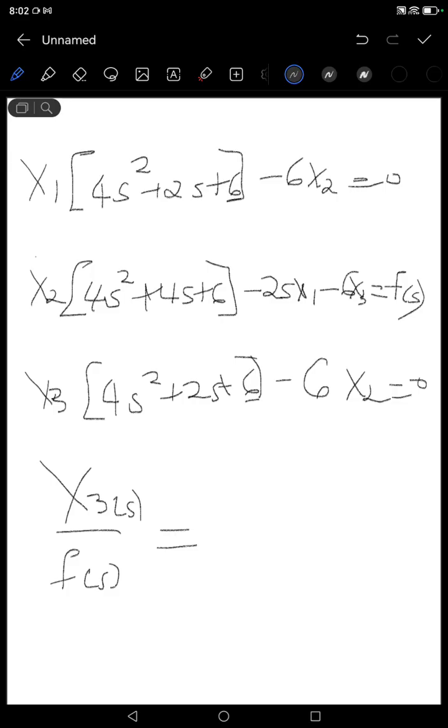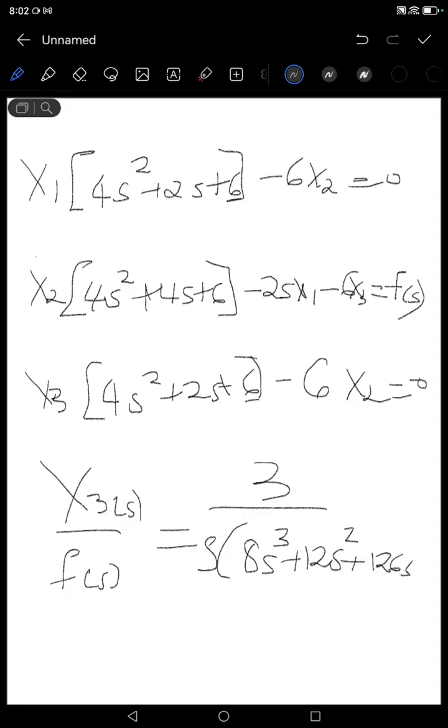So at the end, when we solve this, our X3 over F of s is going to be 3 over s times (8s cubed plus 12s squared plus 126s plus 18). So this is what the final answer is going to look like.